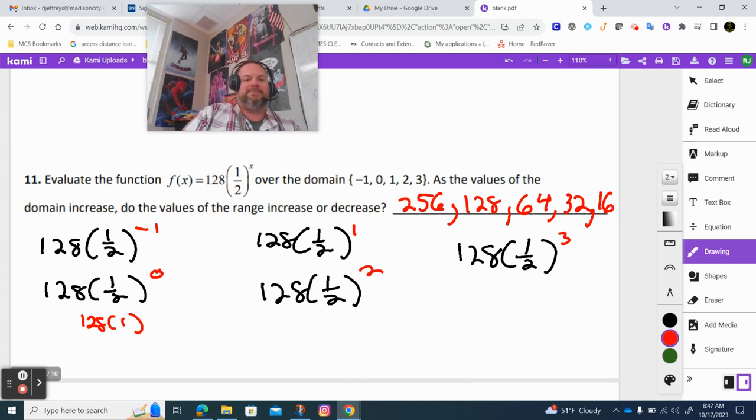All right. So is everybody good with number 11? Anybody need a little bit more time? Yeah, okay. Yeah, there's a lot to write down. There's a lot going on.